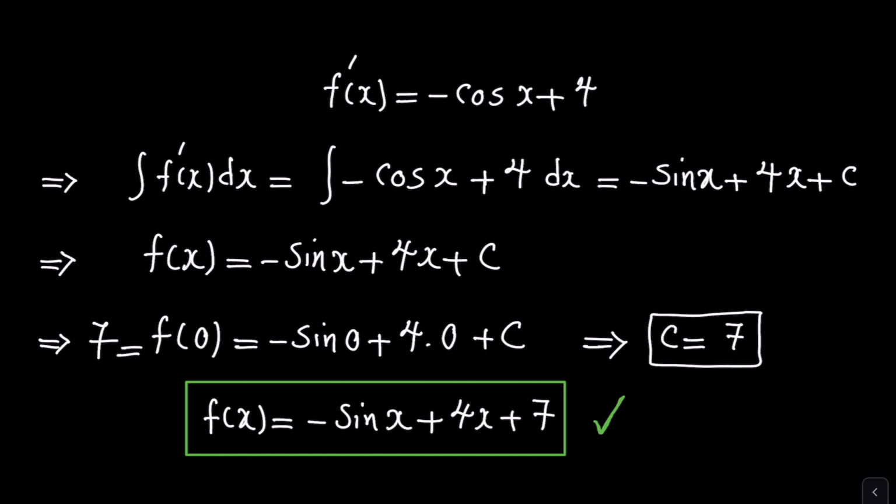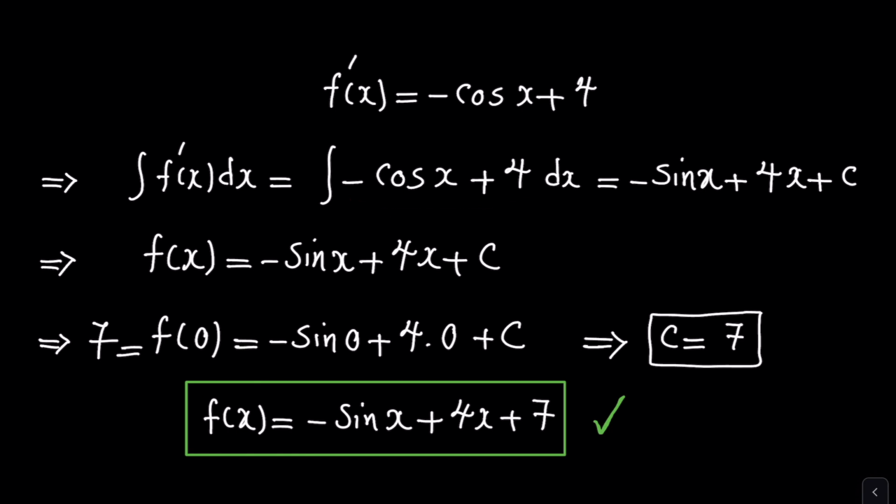So let's do that. From the previous page, we know that f prime is given by this formula. Again, I'm going to integrate both sides of this equality. So the integral of f prime is equal to the integral of this function. So I need to integrate minus cosine plus 4.